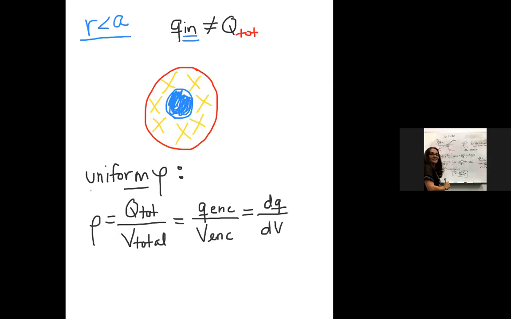The uniformity allows me to say, hey, because it doesn't change, I can look at the whole thing, a little bit of thing, a differential of thing. It doesn't matter. It's uniform.